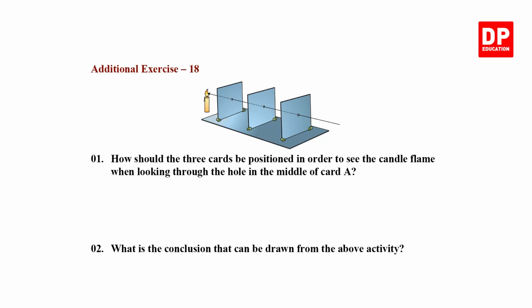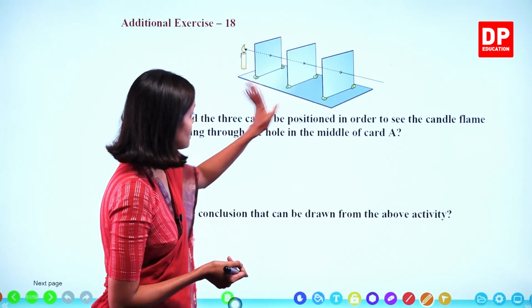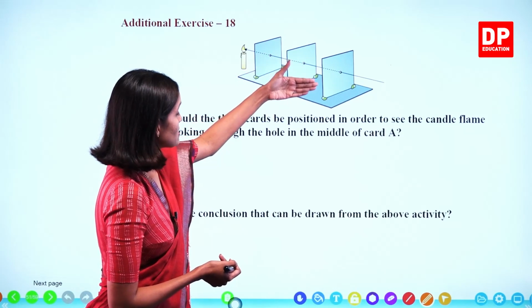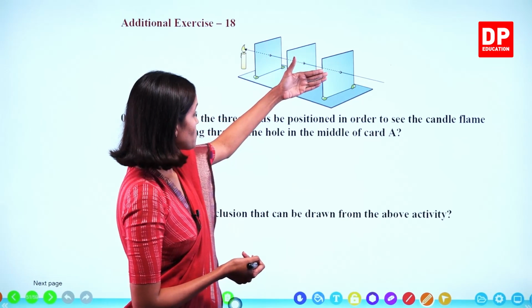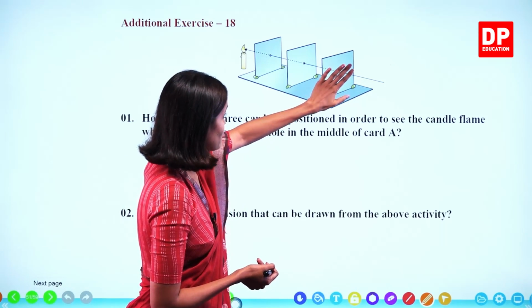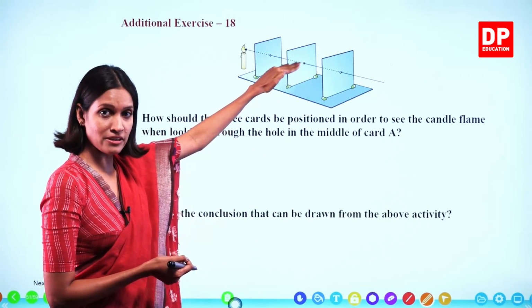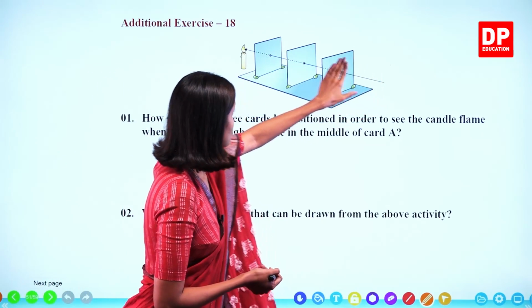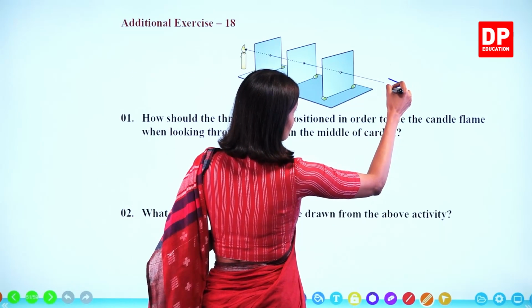Additional exercise 18. Look at this activity, children. Do you remember we did the same activity in the lab, right? We kept 3 cardboards in a line. So we fixed these cardboards onto the table, as if all these 3 holes are at the same level, in a straight line, right? And when we look through these 3 holes, we could see the candle flame.